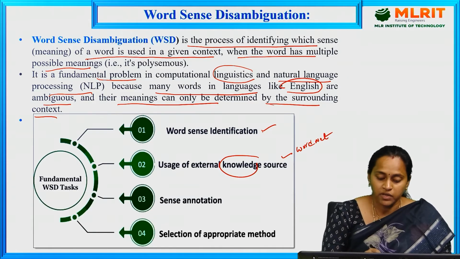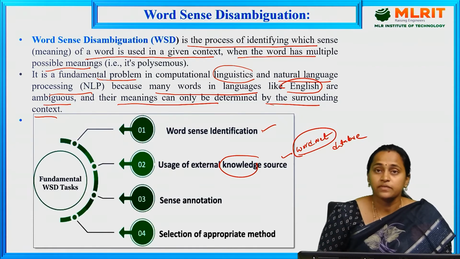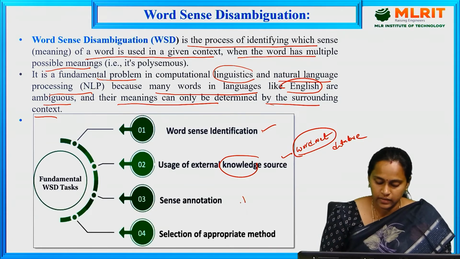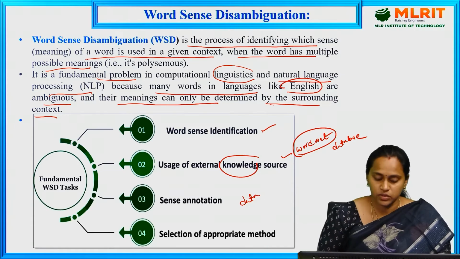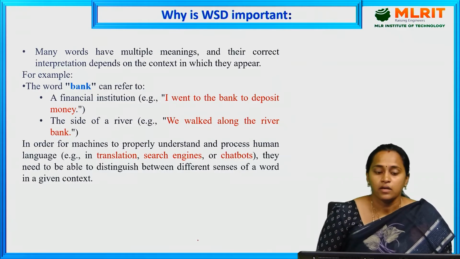After finding the sense, we collect the data from the WordNet database, which contains different types of words. Next, sense annotation with data, based on the rules. Next, selection of an appropriate method. To disambiguate the sentence, you have to follow an appropriate method. Let's see the step-by-step process.